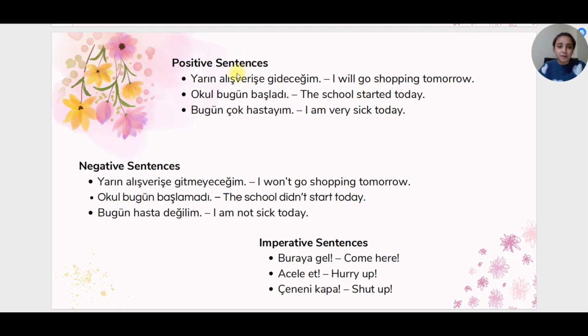Positive sentences, negative sentences, imperative sentences. And another reminder for you: you don't have to keep all of this information in your mind at the beginning of the Turkish lessons, because my aim is not to bother you. My aim is just to show what a Turkish sentence is exactly.